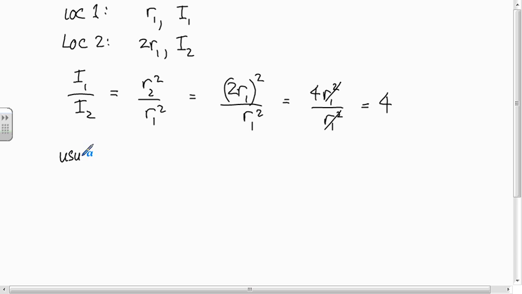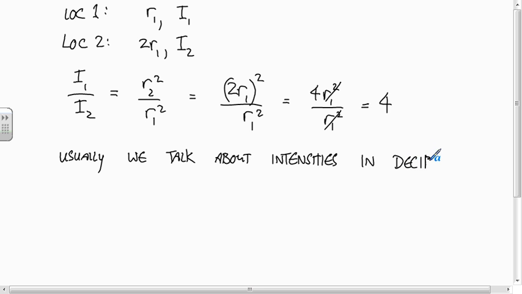So usually, we talk about intensities in decibels, that's a lowercase d, uppercase B, instead of watts per meter squared.